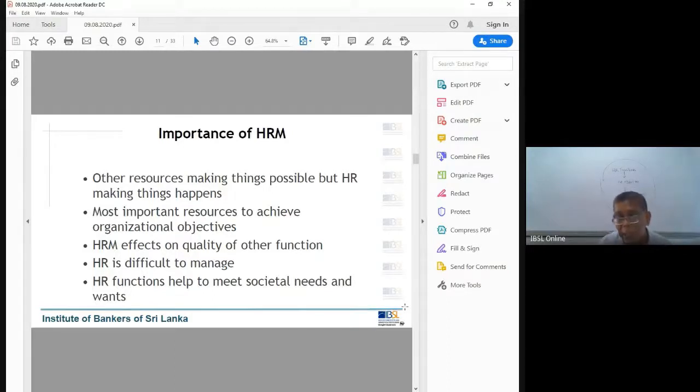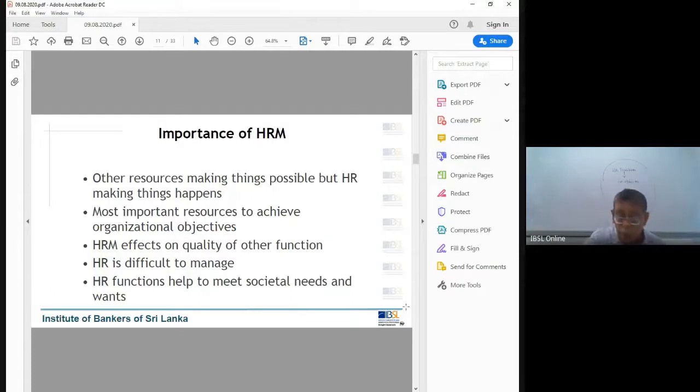The HR manager gives you a line function, he tells you what to do. But suppose you are a branch manager, he's not an HR manager. The HR manager may be at head office, but the branch manager needs to manage his own staff. He must have a better relationship with his own staff. So automatically your branch manager becomes an HR manager, right?